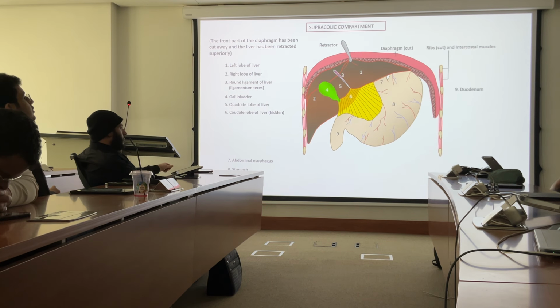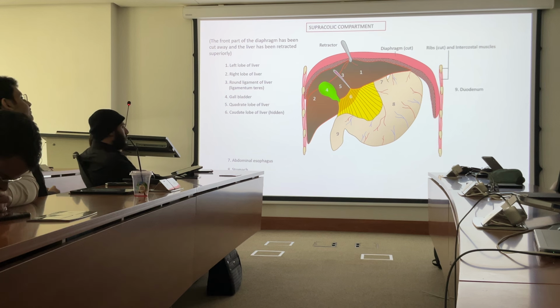Peritoneum, I told you it's a balloon. So this one balloon, is this one balloon or two balloons? One. I just press it here. So, can I call it lesser sac? Yes. Can I call it greater sac? Yes.